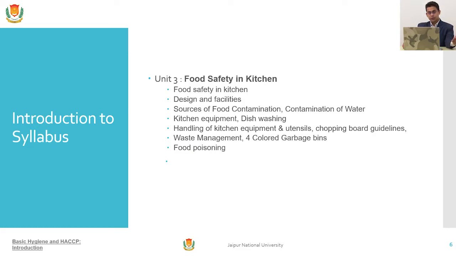In this chapter, we will study how the kitchen should be designed, how the facilities should be installed, what are the different temperatures at which various foods are stored, what is the preparation method and how long it takes for the food to get contaminated under normal conditions, what are the equipment and cleanliness methods which we should utilize for maintaining hygiene and other aspects of giving good quality food to the customer, waste management, and what is the impact of food poisoning.